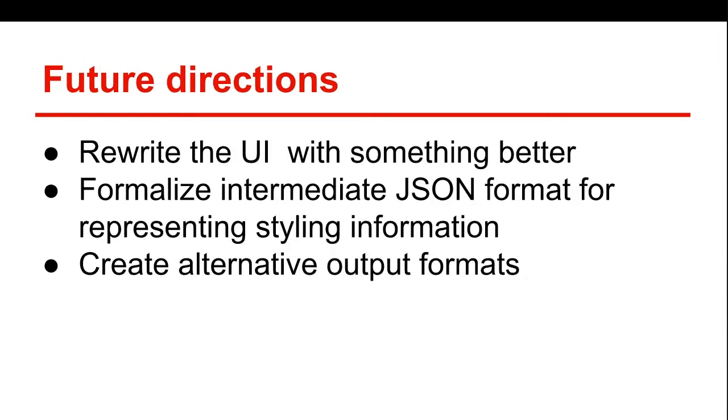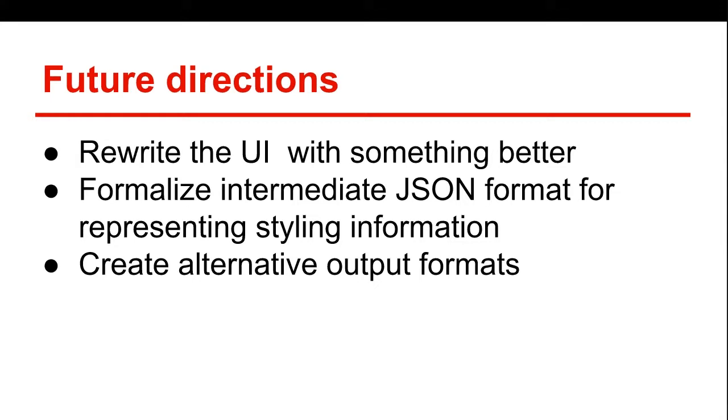It's in Python. So future directions, if I ever get to it: the UI needs to be written with something better. The current one is not good, not extensible enough. Then I want to formalize an intermediate format, not in XML, probably in JSON, to represent styling information.